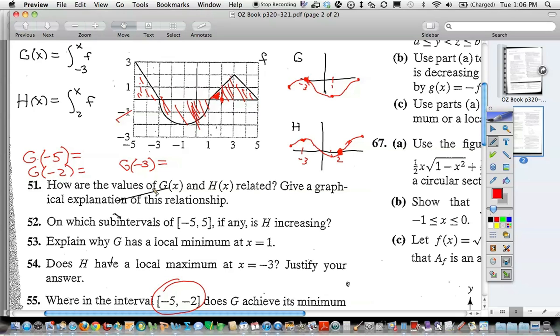That's what we just found, G of each one. So therefore, the values of them are only going to be different by some constant. They're only going to be different by that piece of area from -3 to 2. Give a graphical explanation.